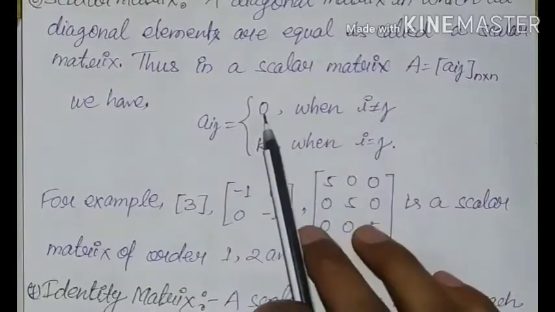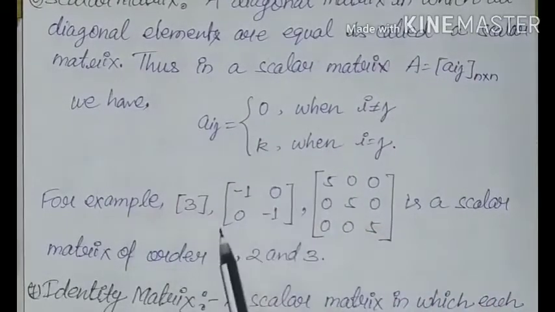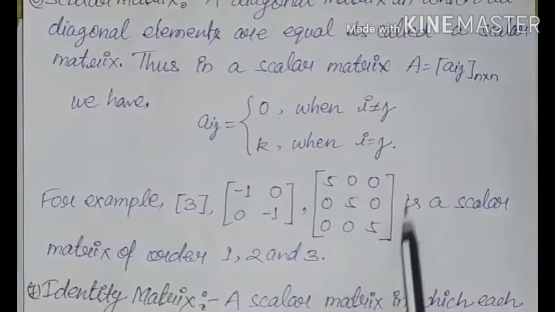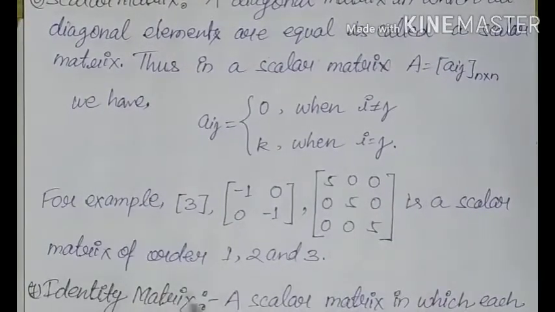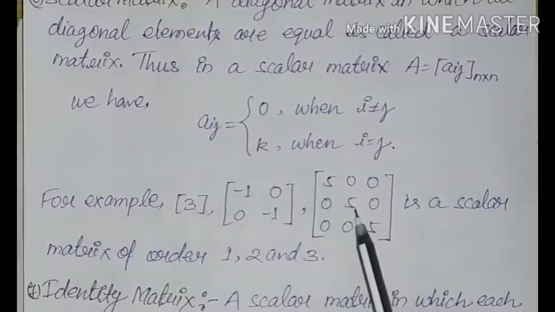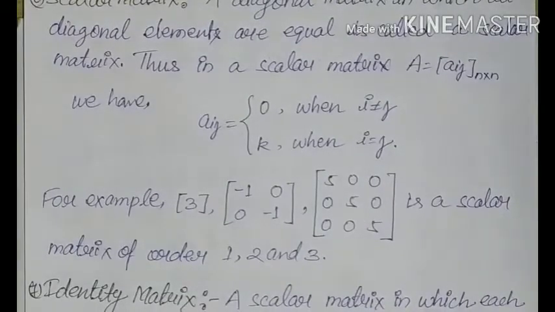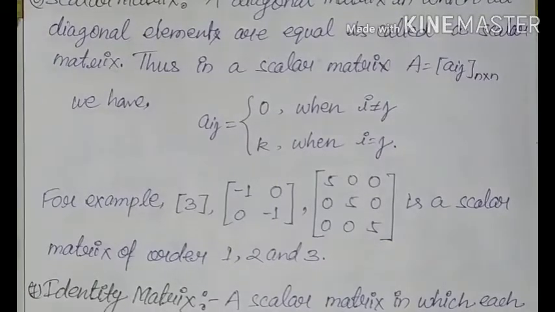This is an example of a scalar matrix, and this is also an example of a scalar matrix, of order 1, 2 and 3. Note that a scalar matrix is also a diagonal matrix, but a diagonal matrix is not necessarily a scalar matrix.